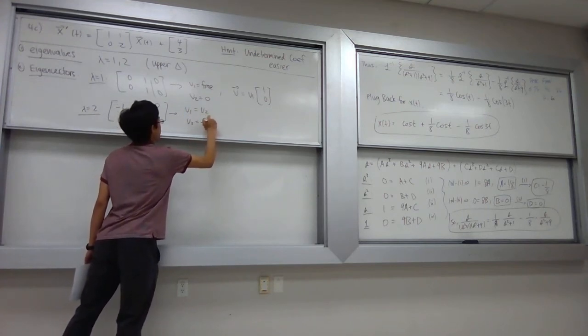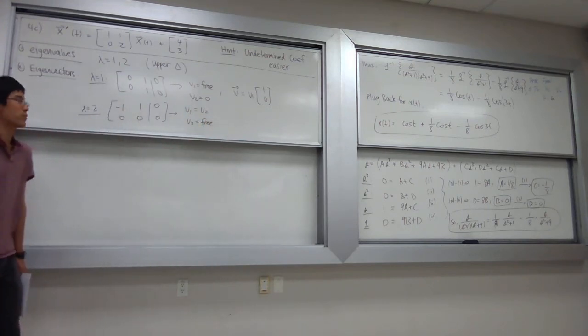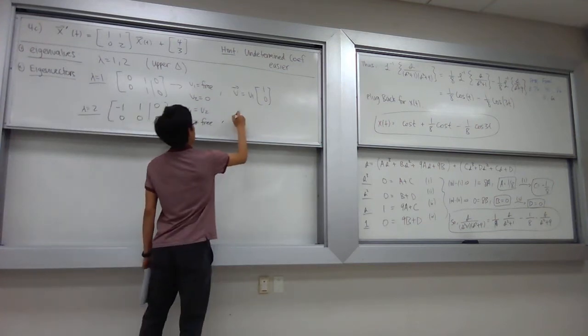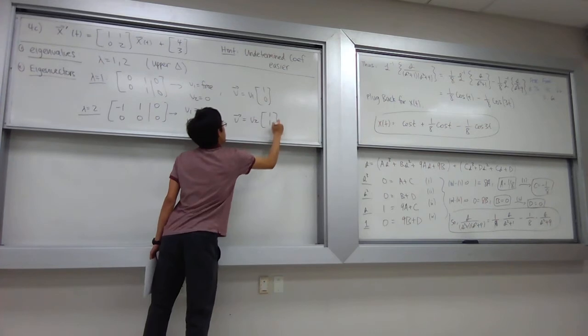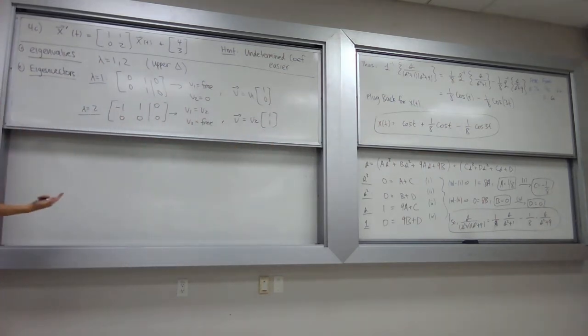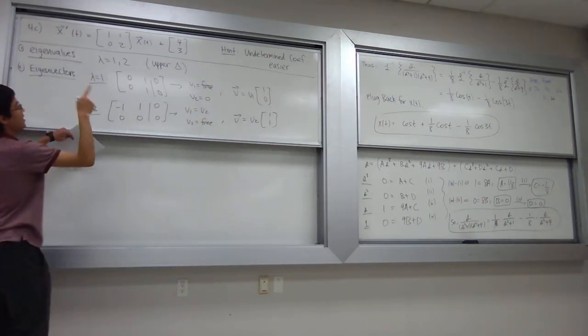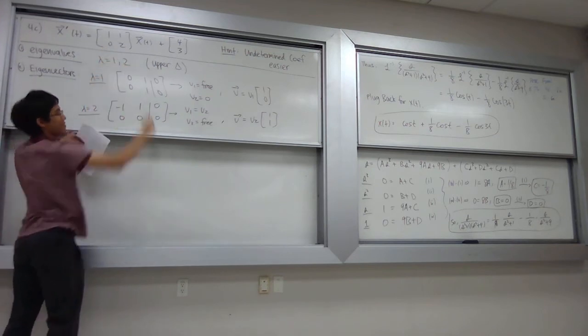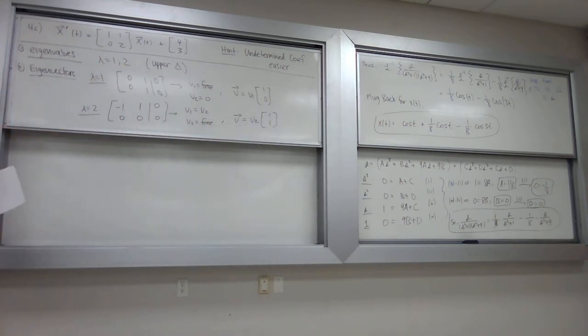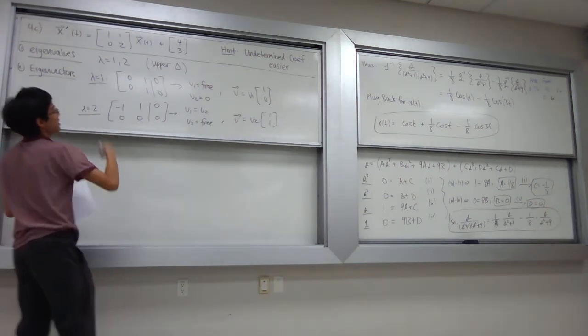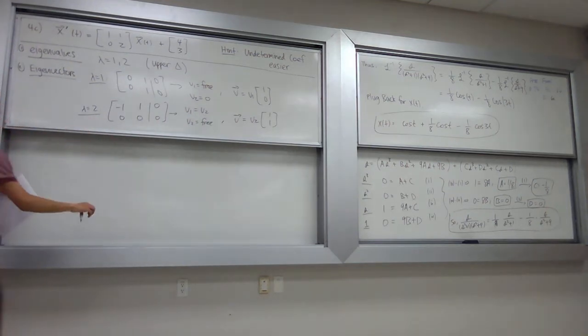If you happen to set V1 to be free, that's fine too. Both ways are fine. Main thing is, what's our eigenvector? 1, 1, right? You can actually see them immediately. The first column is itself an eigenvector. And the other one you can check pretty quickly: multiply that matrix to that, and you get 2 times 1, 1. Right, so, good.